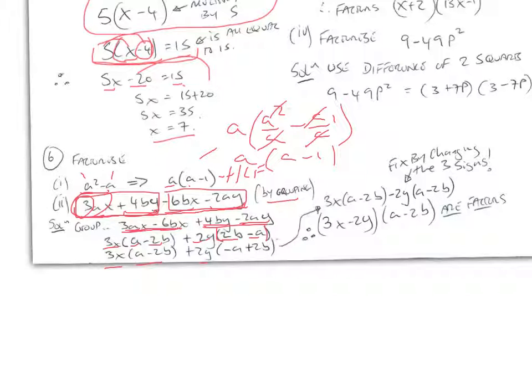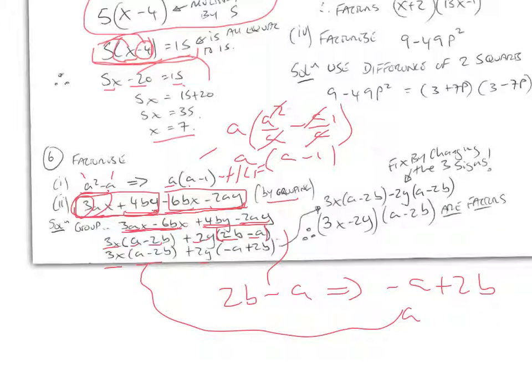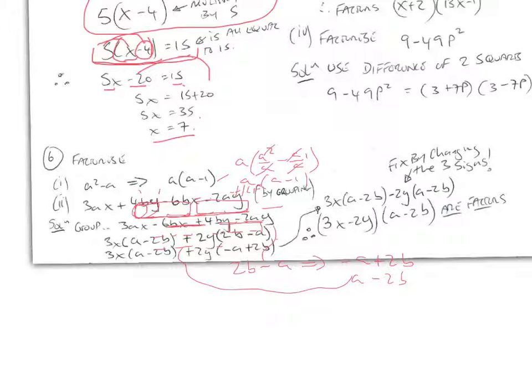times, now what I've done here is I've changed 2b minus a. I've switched that so it looks more like minus a plus 2b, which kind of resembles the a minus 2b here. All in order, but not the same signs. So to finally fix the signs, I'll multiply these three terms by minus 1. In other words, I'll change their signs.